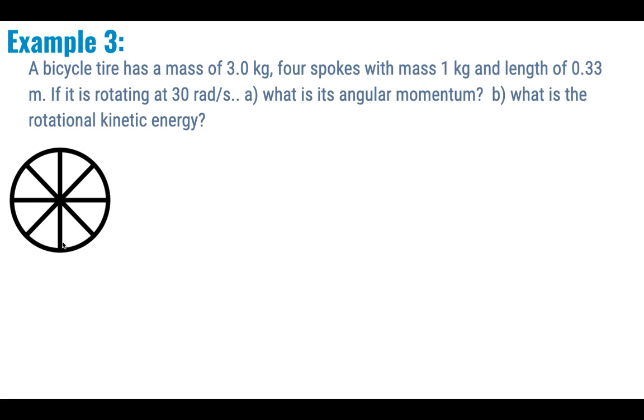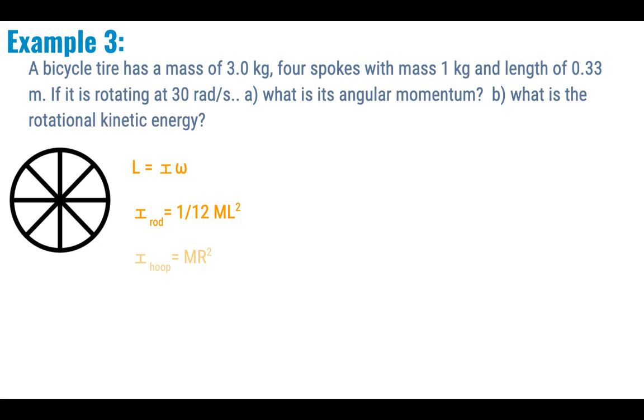So we're going to model these spokes as rods and the wheel as a hoop. The moment of inertia of a rod about the center of mass is 1/12 ml squared. Note that the axis of rotation is directly in the center of each rod and directly in the center of the hoop. So we can use those shortcut equations without having to derive them with calculus.